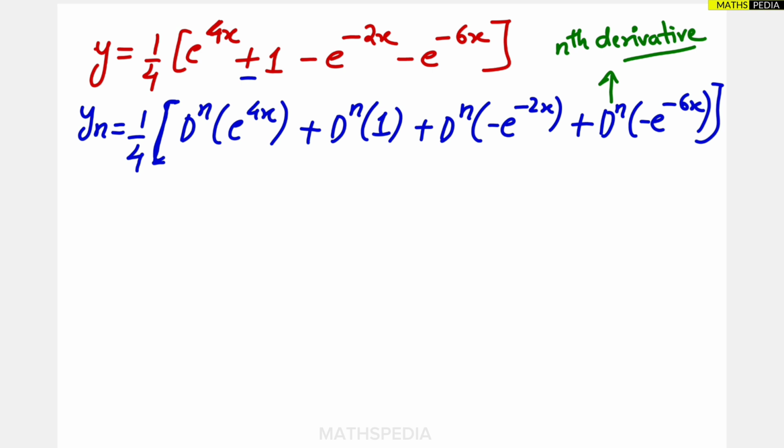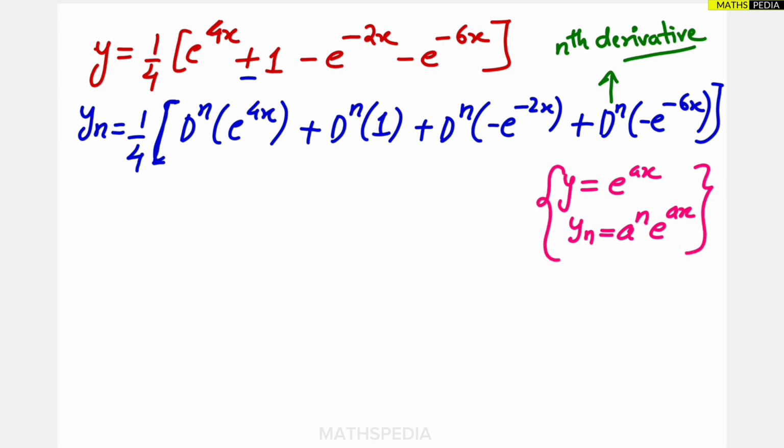Now we have the formula for nth derivative. Suppose y is equal to e power ax. The nth derivative of that is given by a power n e power ax. This is the formula we are going to apply. So the nth derivative is equal to 1 by 4, anyway it is outside. In e power ax, a is 4, so it will be 4 power n into e power 4x.